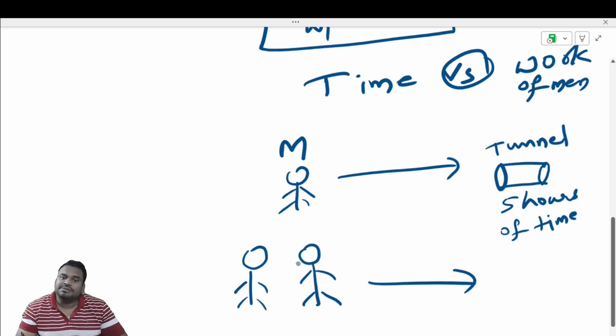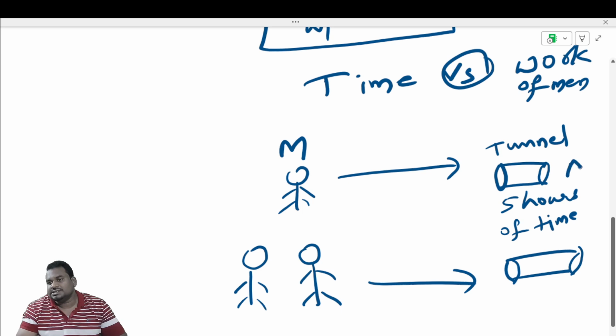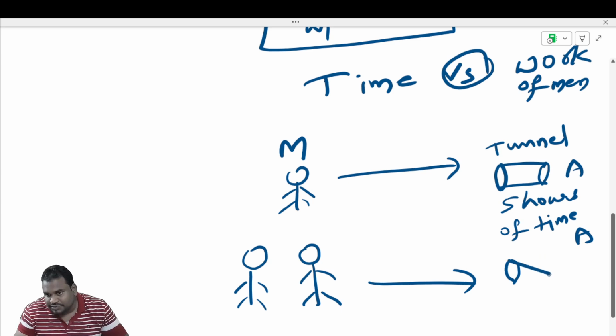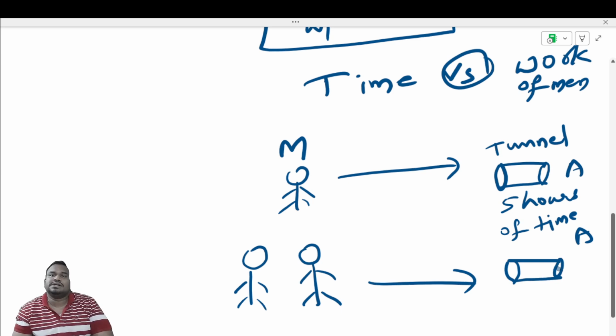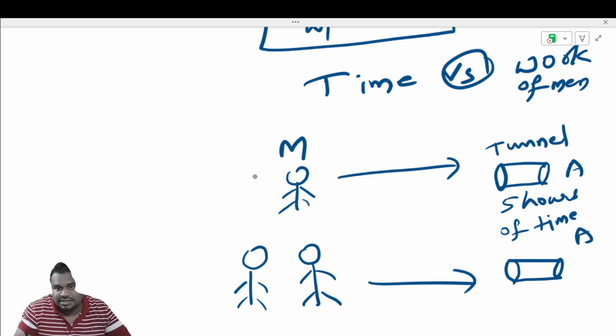If this person has the same efficiency, then to dig the same tunnel A, will he take the same amount of time or a different amount of time? Think about it. Obviously, he will take less time than in this case.